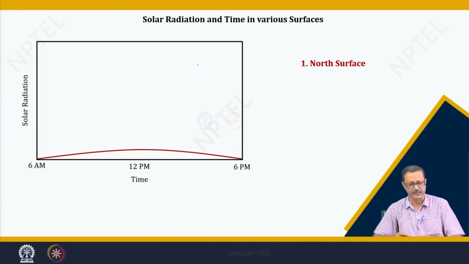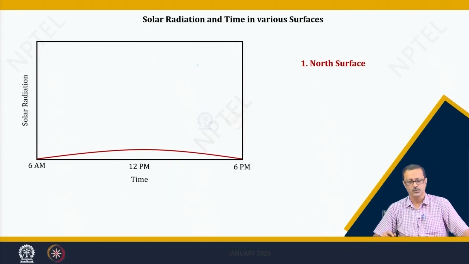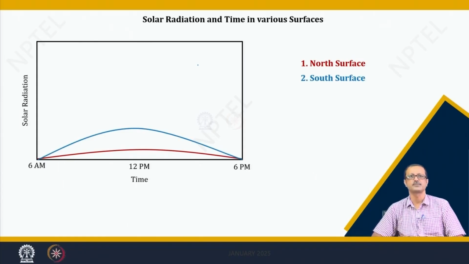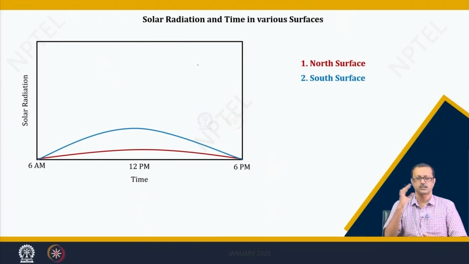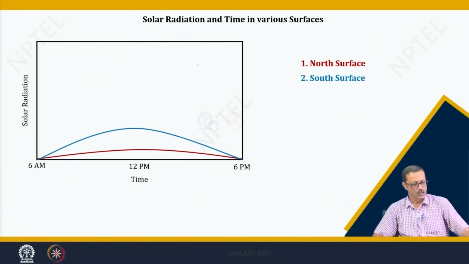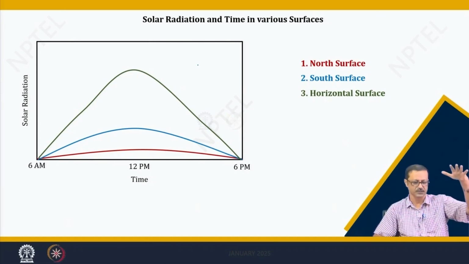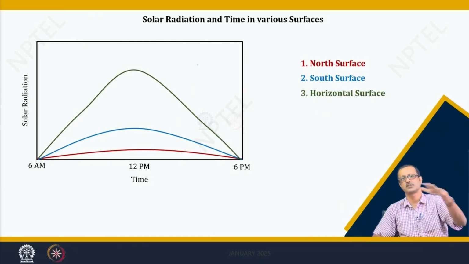So it is very minimal, from morning 6 a.m. to evening 6 p.m. The south surface is potentially high, because the predominant time of the solar path follows the south, so the radiation will be high on the southern surface. The next one is the roof surface, which is horizontal and receives the maximum, the peak, because from sunrise to sunset it is always exposed to the sun.